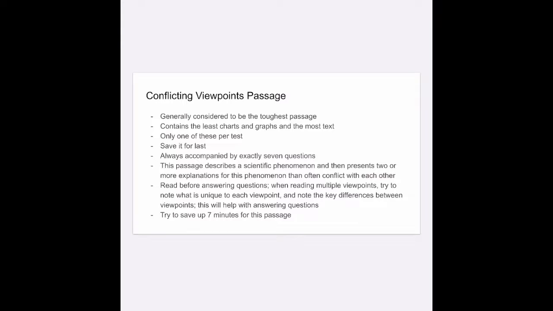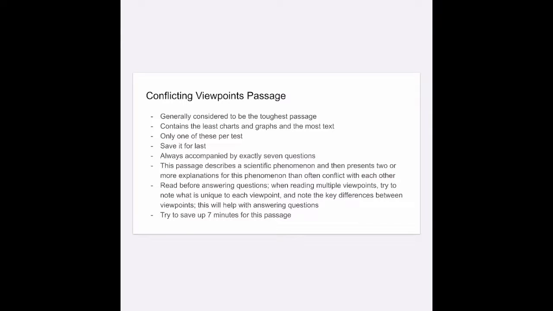It describes a scientific phenomenon first, and then presents 2 or more explanations for this phenomenon, and these explanations often conflict with each other. There's usually a minimum of 2 explanations, but a maximum of 4. I've only seen up to 4 explanations.